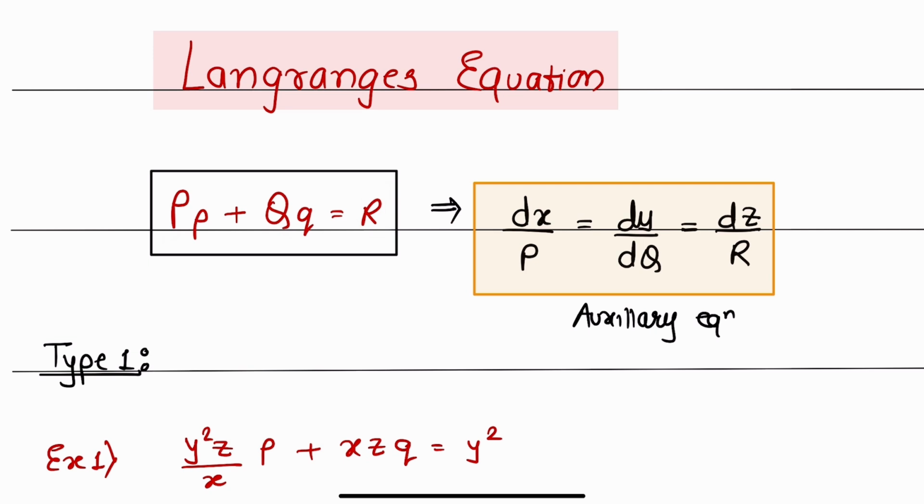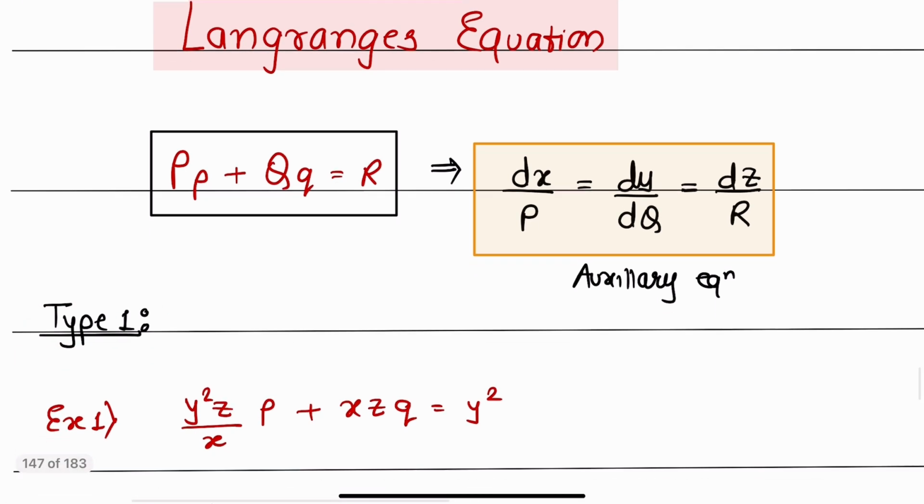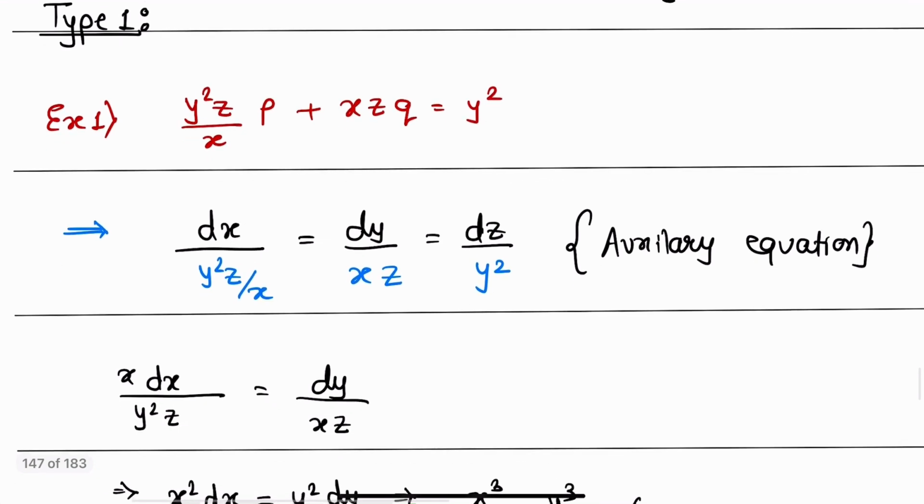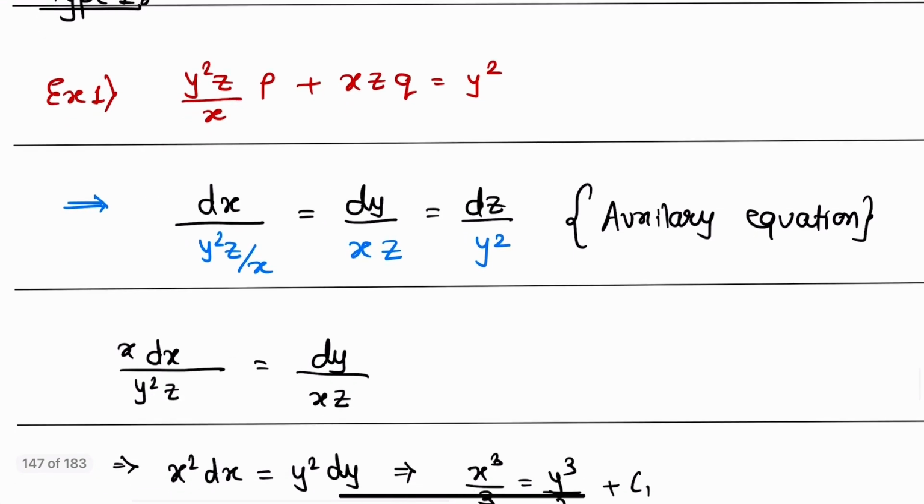Now to solve a linear partial differential equation using Lagrange's method, we have a few types. Let us say type 1. In type 1, we will directly see using an example. Let us say we have a given partial differential equation as (y²z/x)p + xz q = y².